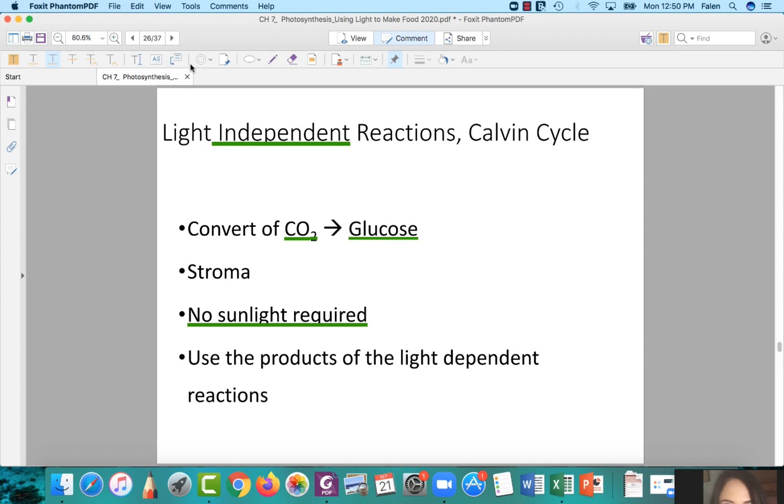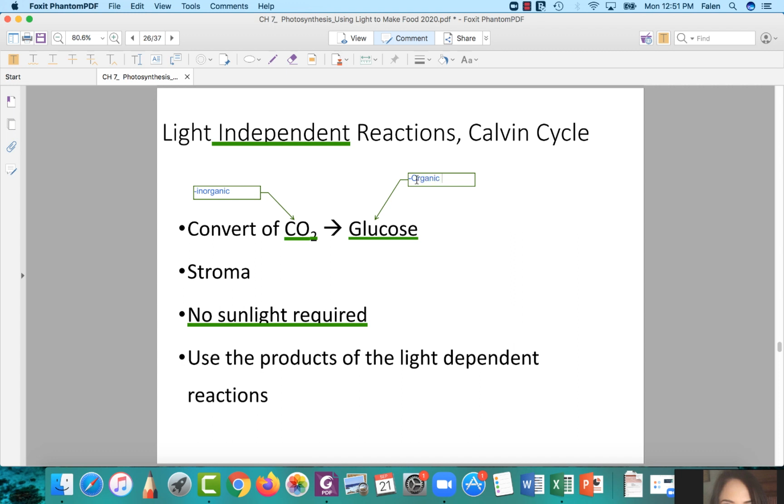Now remember, carbon dioxide only has one carbon. This is an inorganic molecule. Glucose has 6 carbons and hydrogens, and it's very much organic.